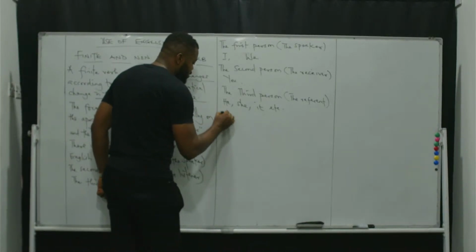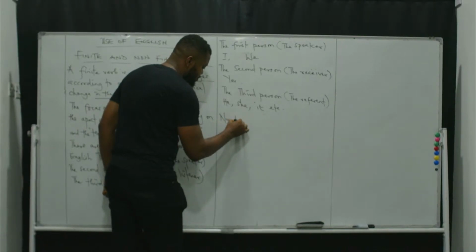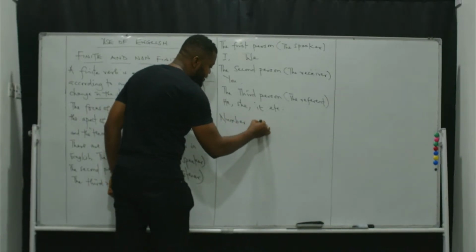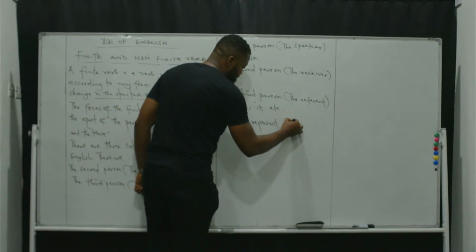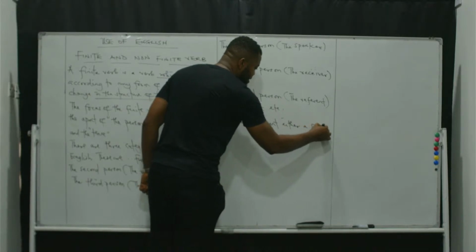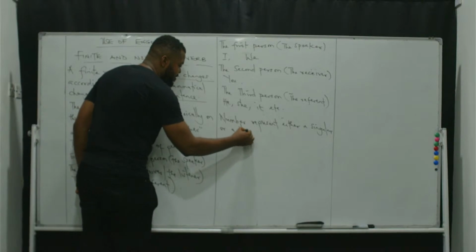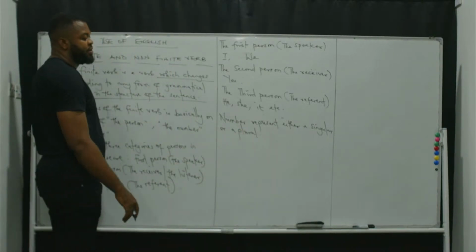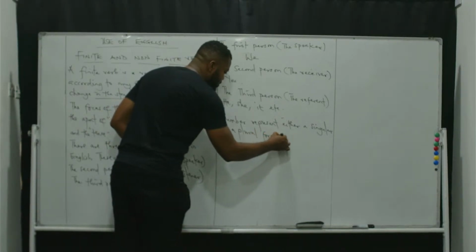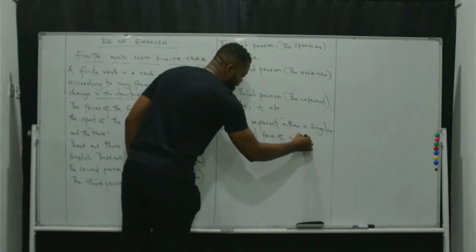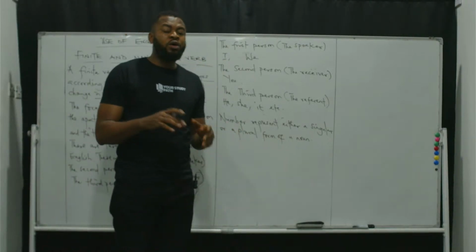So number represents either a singular or a plural form. So number represents either a singular or a plural form of a noun. That is, you're trying to say whether the noun is singular or it's plural.